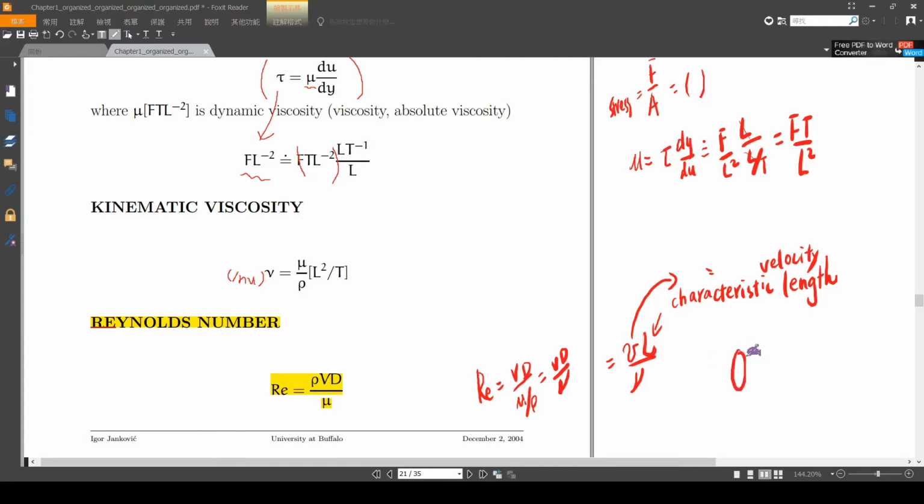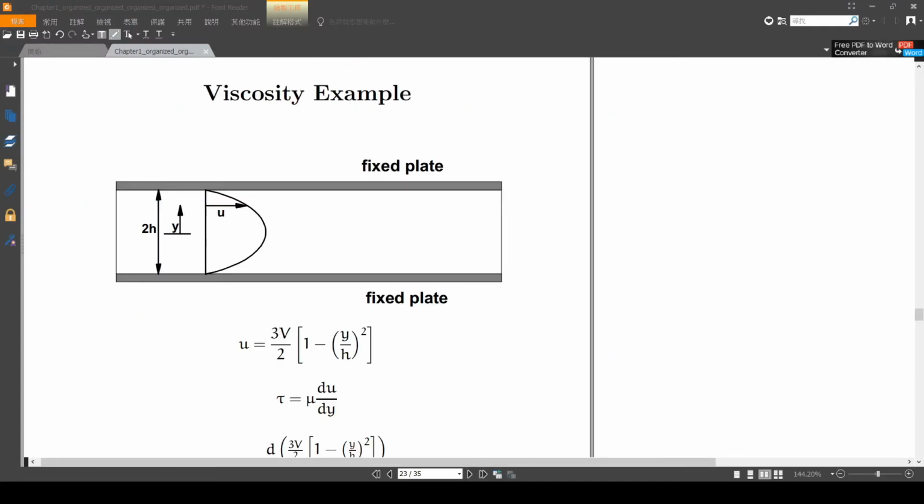If this is a pipe flow, the flow flowing in a pipe, then the characteristic length is the diameter of the pipe, something like that, okay? And this part denotes the property of the fluid, the kinematic viscosity. So you have to remember that the dimension of the kinematic viscosity is different from the absolute viscosity.